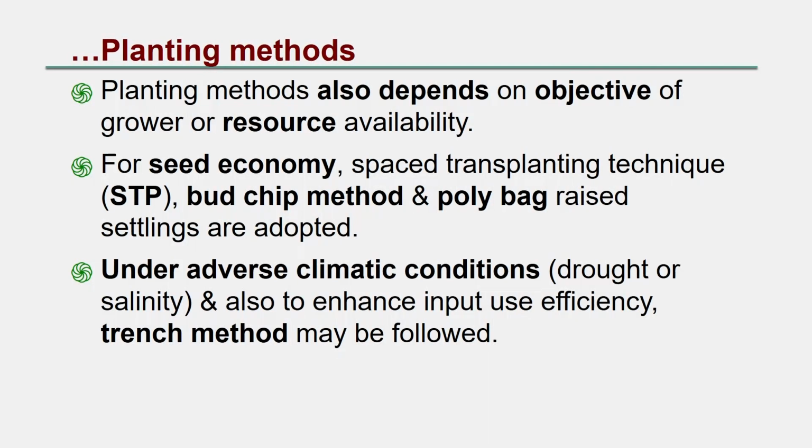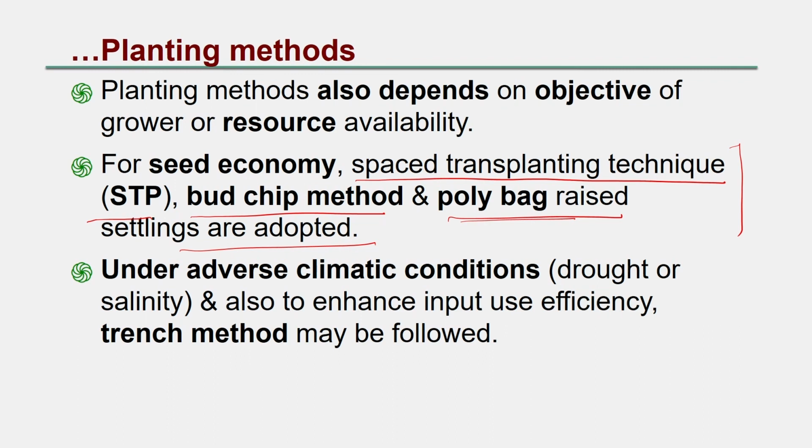Planting methods also depend on the objective of the grower or resource availability. For seed economy, spaced transplanting technique, which is known as STP, and another is bud chip method and polybag method, polybag raised seedlings, are adopted. So in these methods, the seed requirement is less.